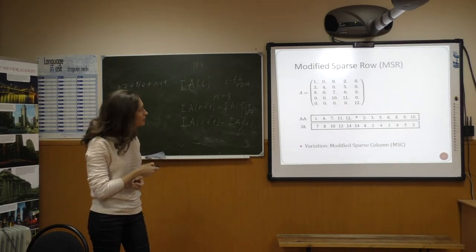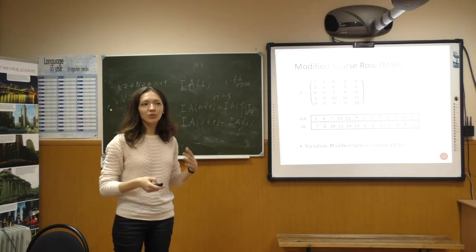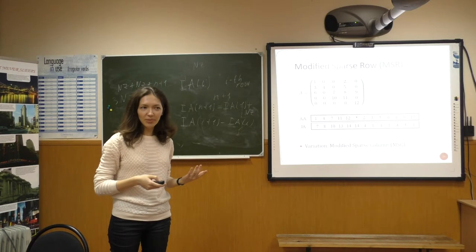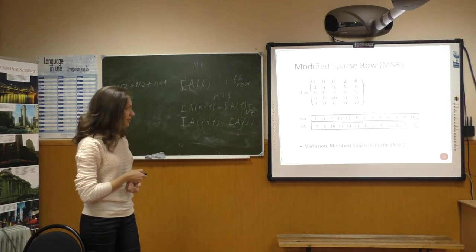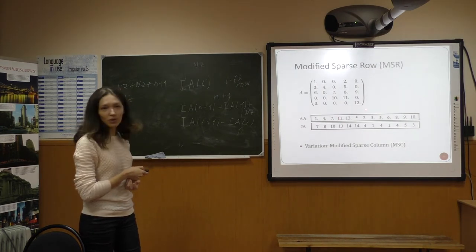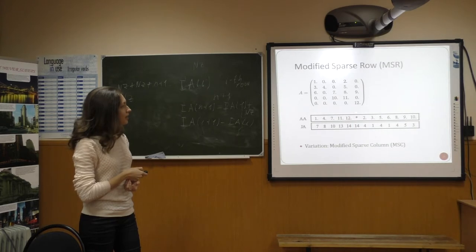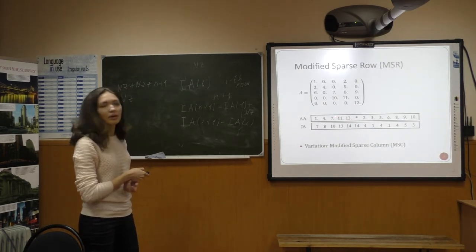So the idea of the modified sparse row, again, it depends on the solution method. If we need to have access to diagonal elements, and this is our priority, then we can use only two arrays. First, we will list all diagonal elements in their natural order. This is it. Then there will be n elements altogether.